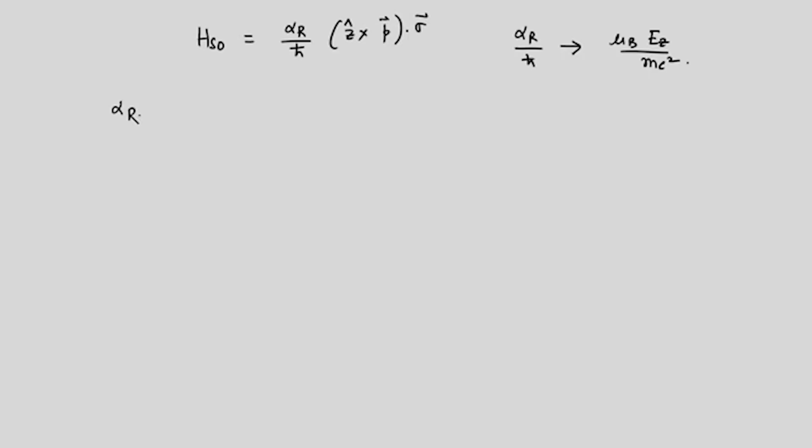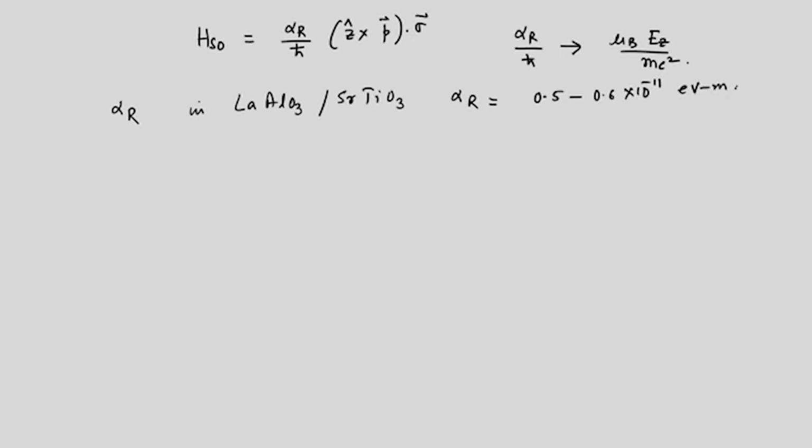So, typical values of alpha_R in these LaAlO3, SrTiO3 interfaces of heterostructures, etc. This has a value of about 0.5 to 0.6 times 10 to the power minus 11 eV m.